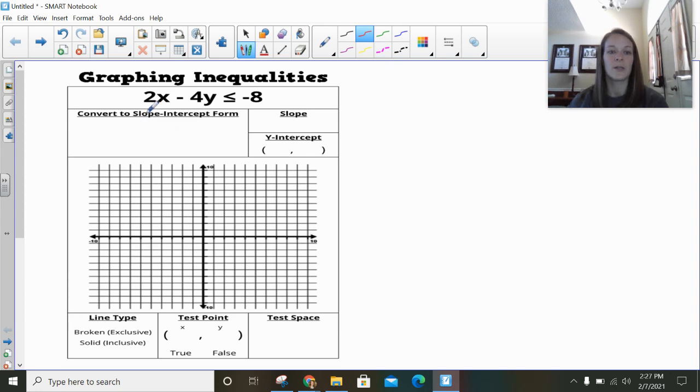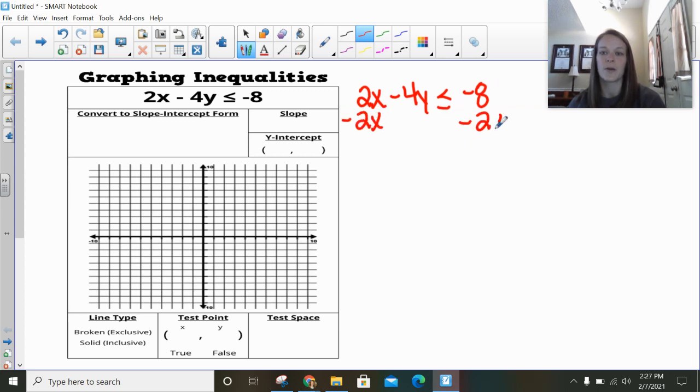So first thing we have to do is change this to slope-intercept form. So 2x minus 4y less than or equal to negative 8. I'm going to start by subtracting 2x from both sides. So those go away. Negative 4y is less than or equal to, I'm going to write my x part first, negative 2x minus 8.